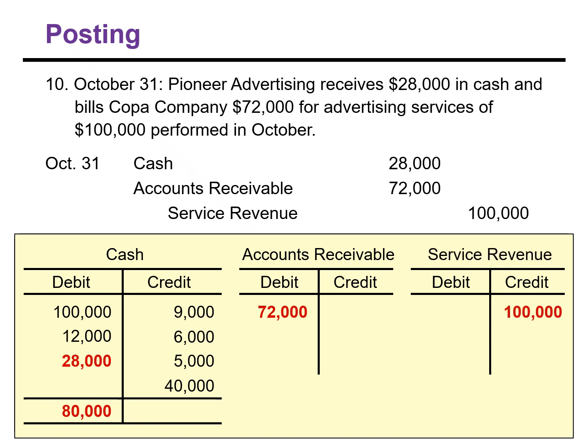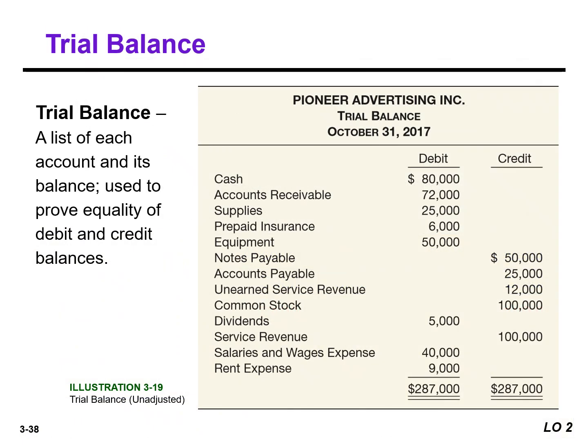And so we have revenue of $100,000. So we increased our 2 assets and we increased our revenue. When you take all those T accounts, they add into a trial balance, which balances. That's what's important to know, is that they all balance.